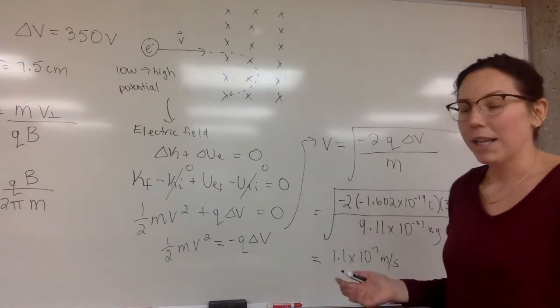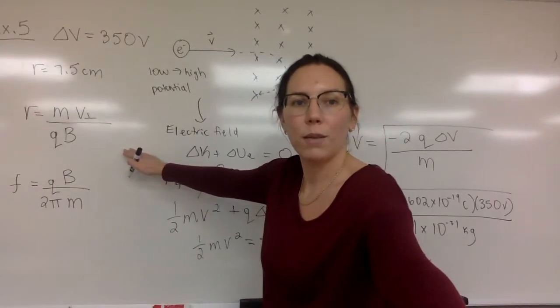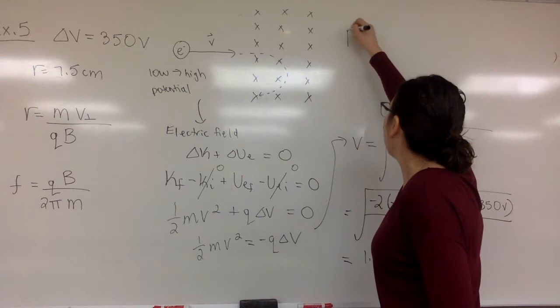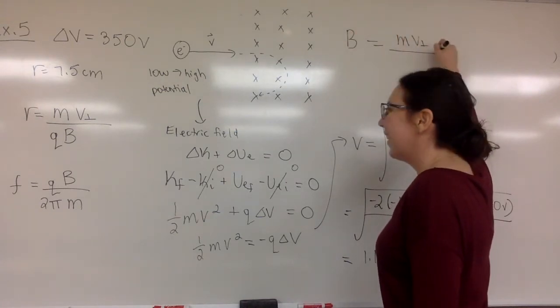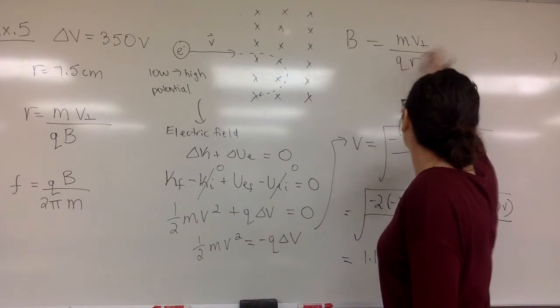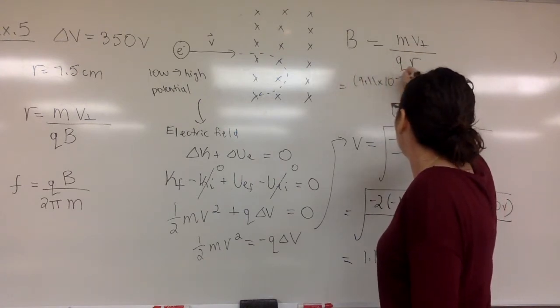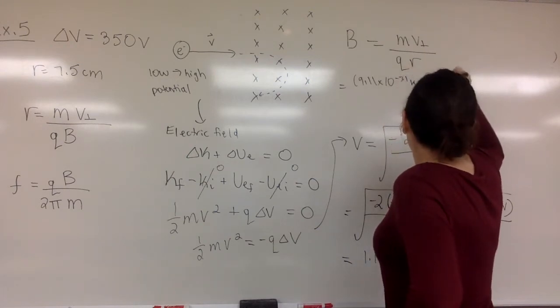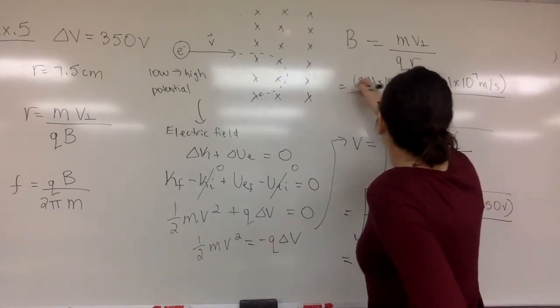Okay, so with that we can use our radius to find the magnetic field. I'm just going to rearrange this formula to find B. So B equals mv over qr. This is 9.11 times 10 to the negative 31 kilograms, the speed we just found, 1.1 times 10 to the 7 meters per second, over q.